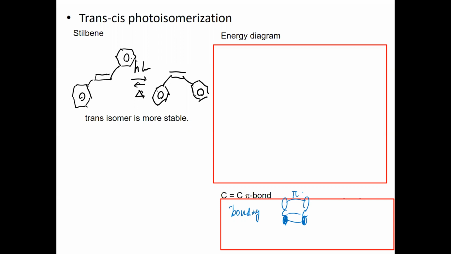And two of the electrons are in this region. So two electrons are in the bonding orbital in the ground state.